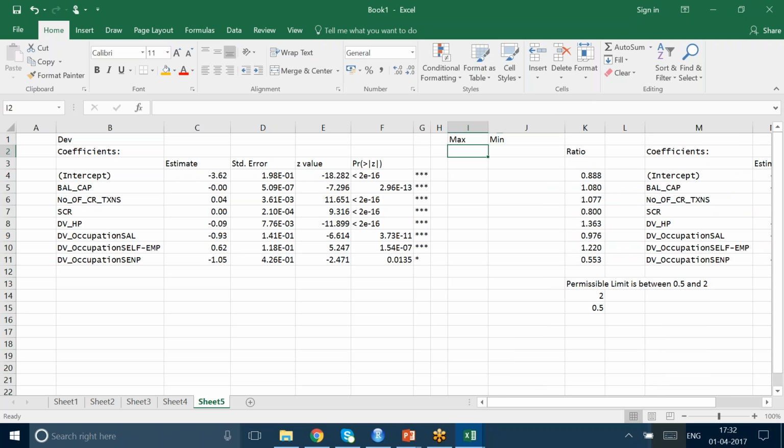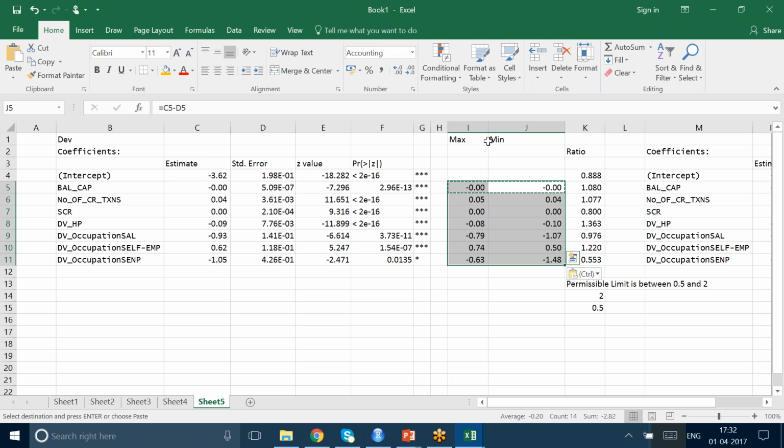If I have to do sign change, this is my first variable, equal to this plus one standard error, and this minus one standard error. Across all the variables, I have to see that this is negative, this is negative, this is positive, positive, positive, positive, negative, negative, negative, negative, negative, positive, positive, negative, negative. So if I do one standard error plus or minus, sign change is also not there. So my model from a variable beta perspective is holding.